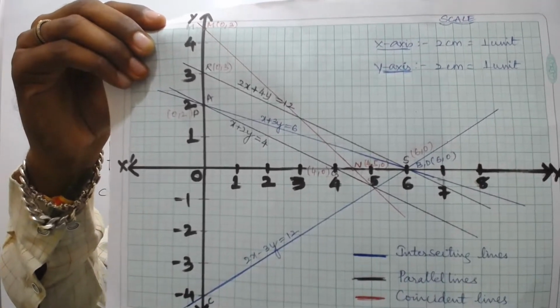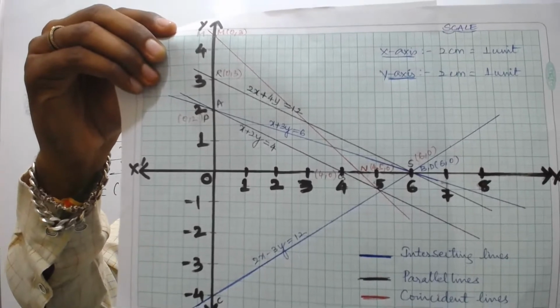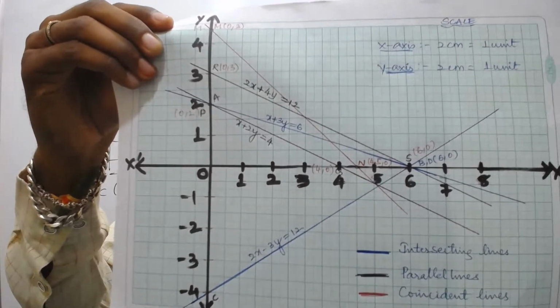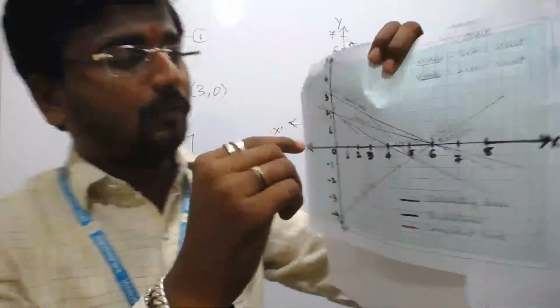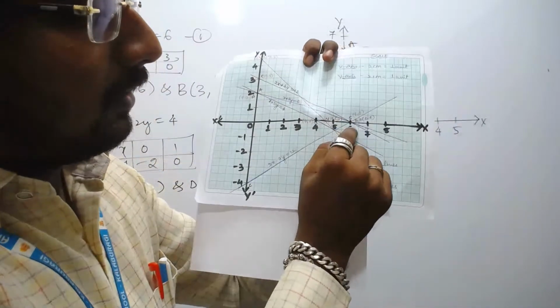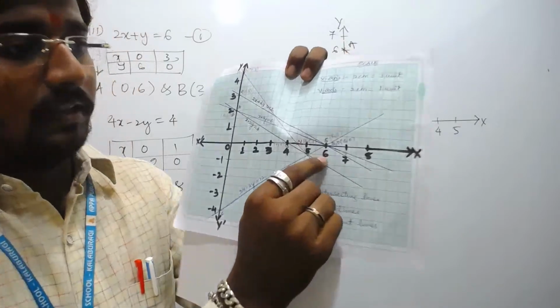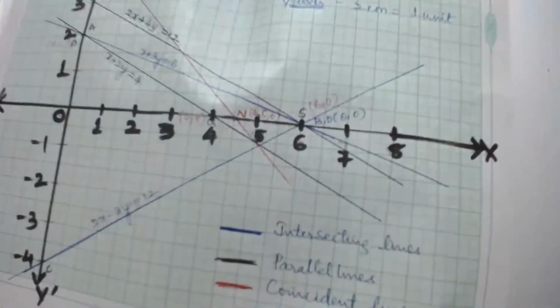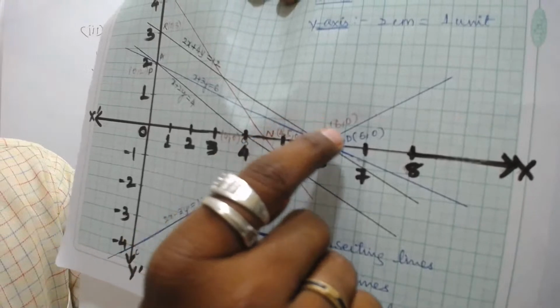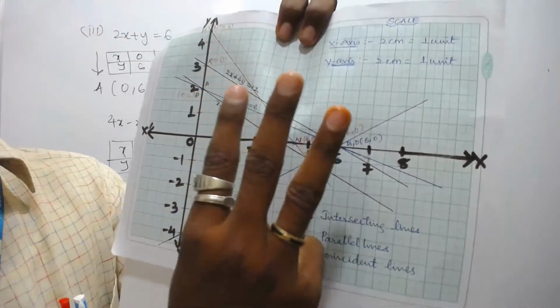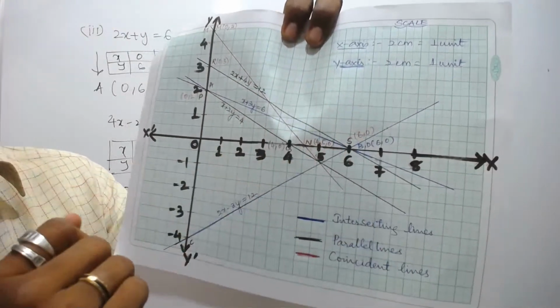Patience, framing of the question, and joining the points are needed, because there are so many points. If you look at this, at 6, I hope everyone is watching this point 6. If you look at B, D, yes, there are totally 3 lines which are intersecting at point 6.